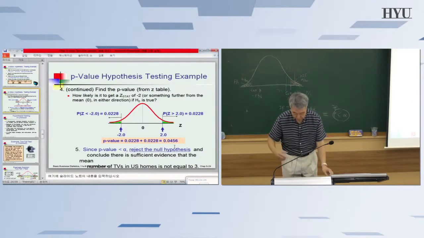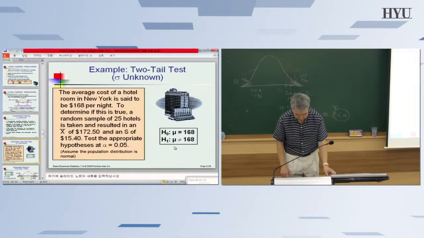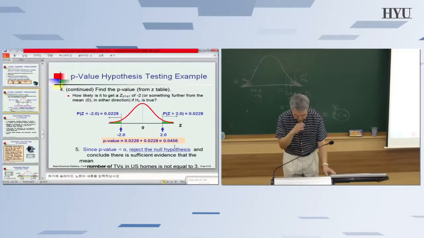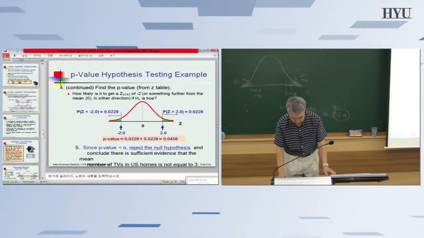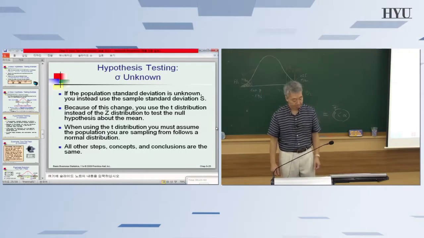All right, when we learn the t-test, you will see the full benefit of that, why we bother with that. All right. Okay, so that was the example of the p-value approach, right?